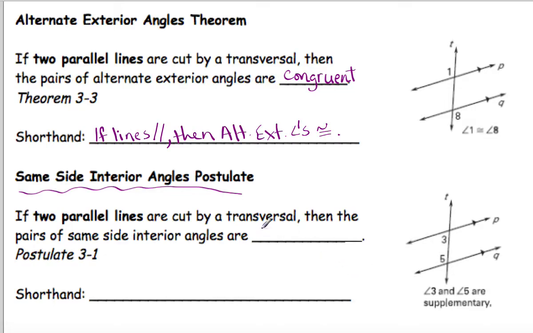They are supplementary. Same side supplementary is how I remember that. That is the one pair of angles that we learned that will not be congruent here.